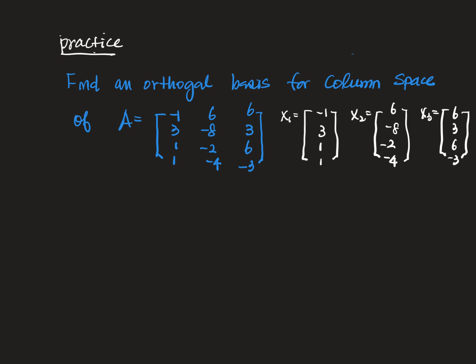We want to find the orthogonal basis for this column space. So v1 is x1. v2 is x2 minus (x2 inner product v1 over v1 inner product v1) times x1. So v1 is x1, guys.